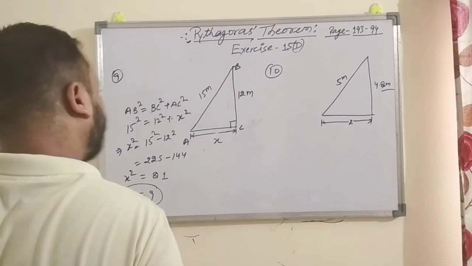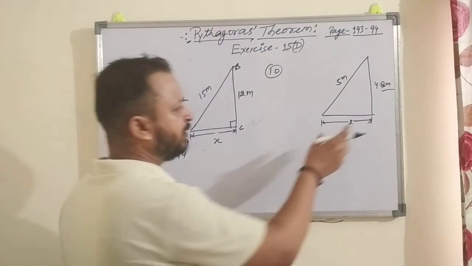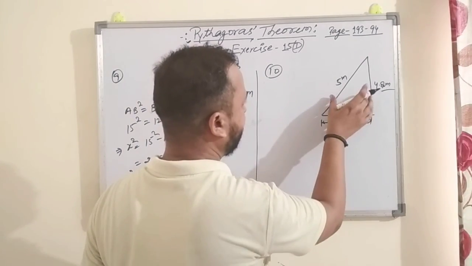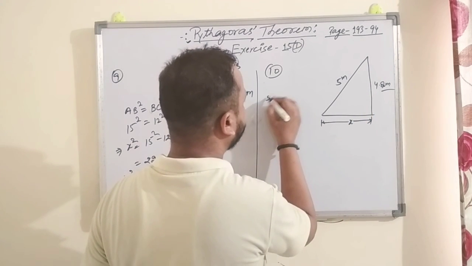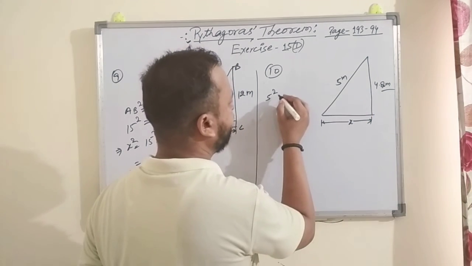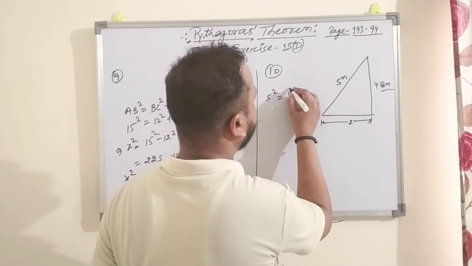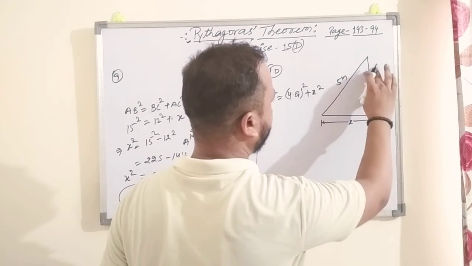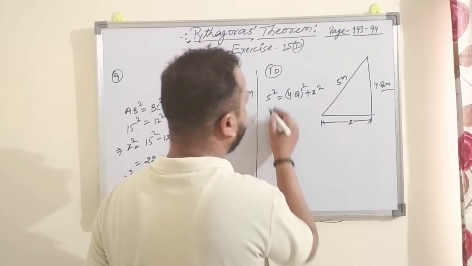Here we are going to use the algebraic formula also. First we apply the Pythagoras theorem. So I'm writing it directly: 5 square is equal to 4.8 square plus x square, right? Hypotenuse square is equal to perpendicular square plus base square.